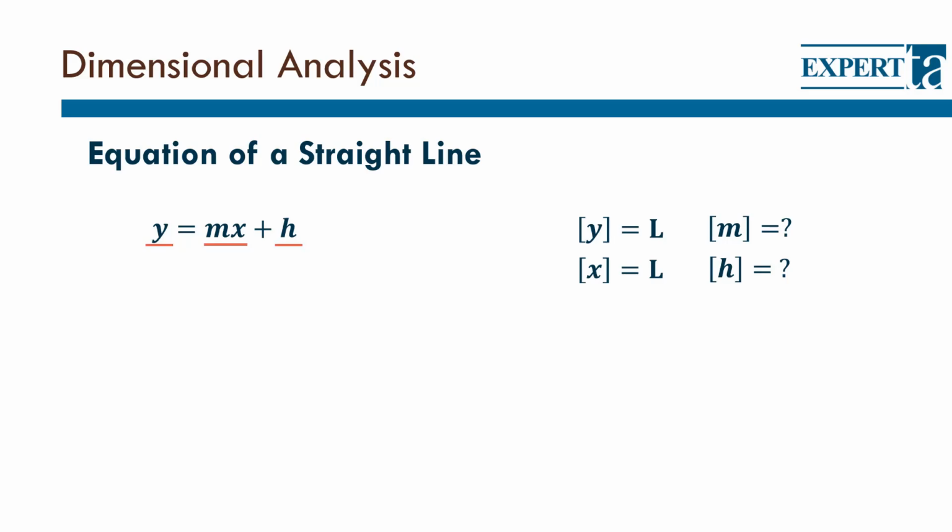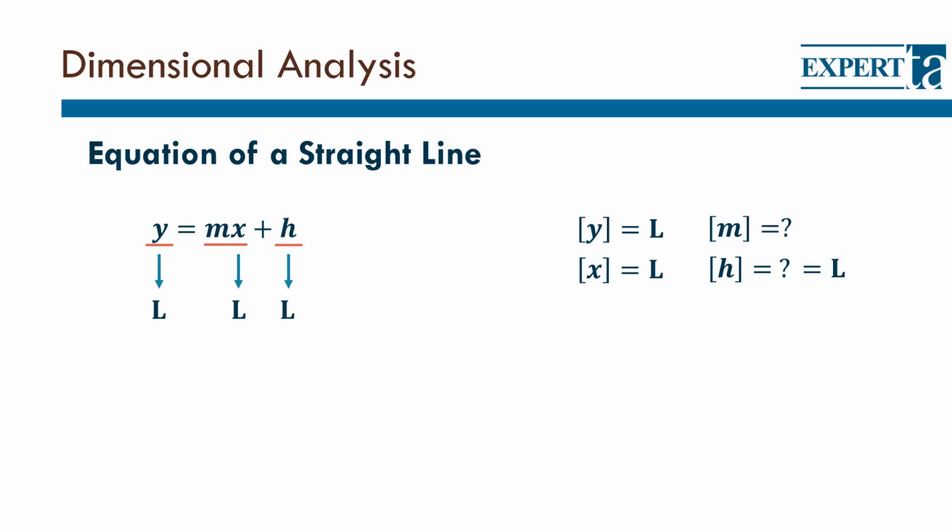So we know that the dimension of y is L, the dimension of x is L, and the dimension of h is to be determined, but since it has to be the same as the other terms, the dimension of h is also going to be L, length. What about m?